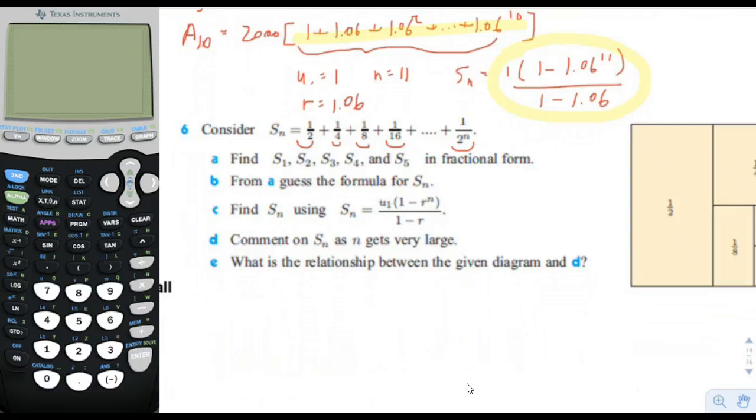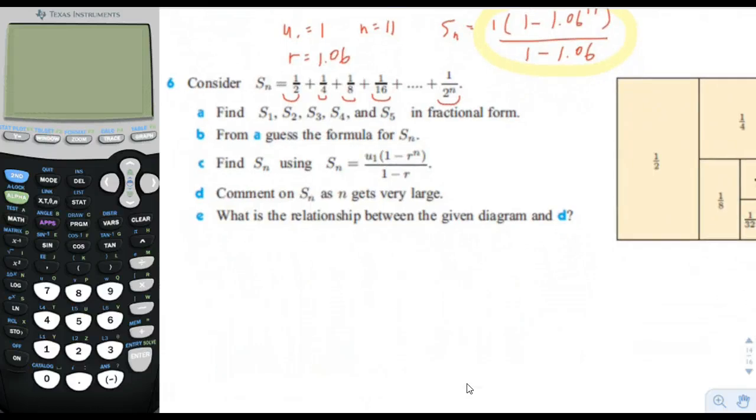Find each one of these sums in fractional form. Okay, so S sub 1 would be equal to just the first term by itself. S sub 2 would be equal to the first two terms, which is equal to 3/4, right?